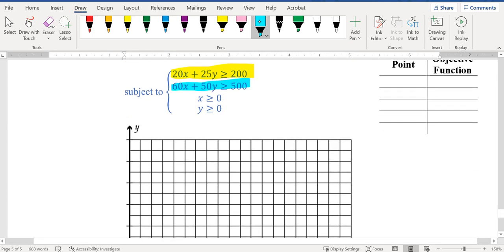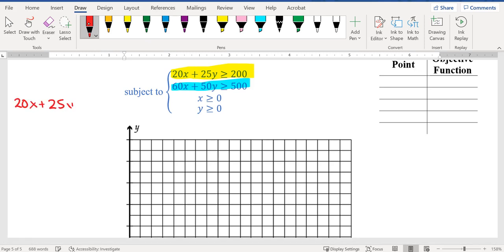All right. The first inequality, the boundary line will be 20x plus 25y equals 200. If I let y be 0, 20x equals 200, so x would be 10.